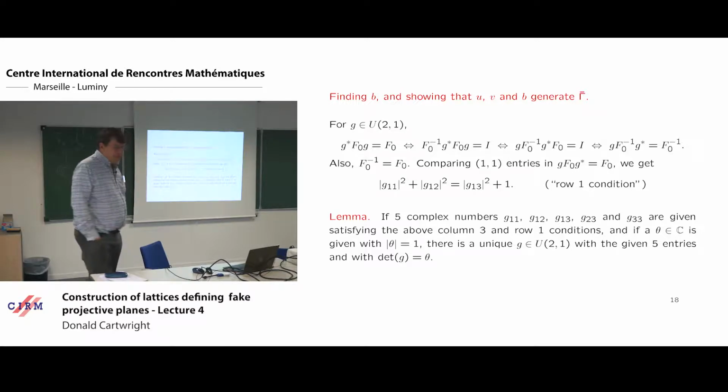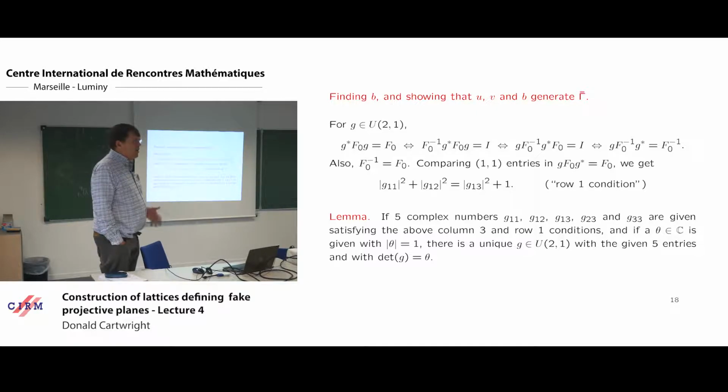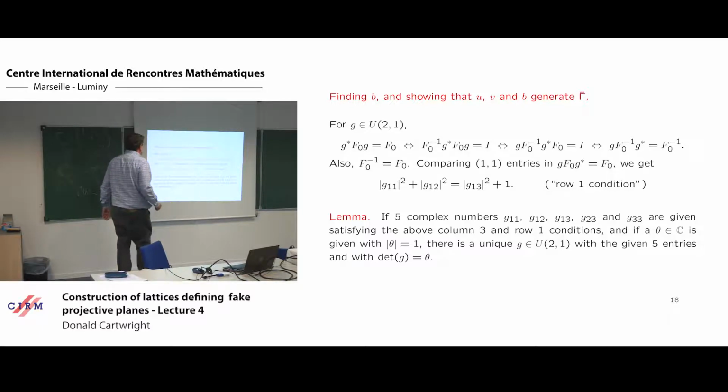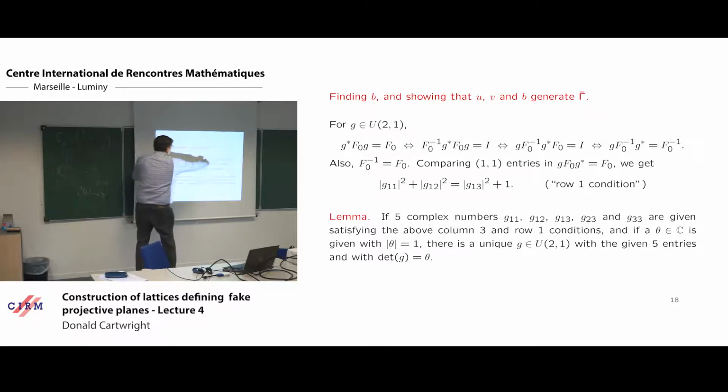I had another method, and Tim and I had another method years ago of finding these elements. This is something I noticed more recently. So I want to talk about that method. So getting back to an element of U21, that means this happens, and after a long fiddle, you see that it's the same as this.